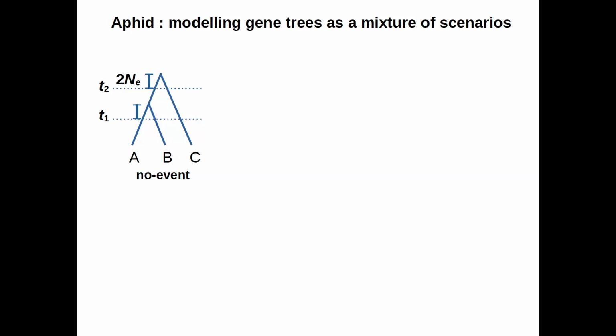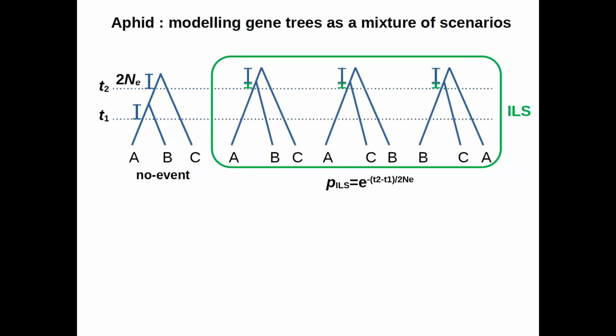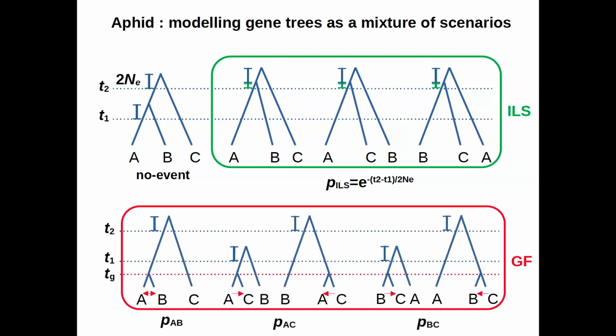Then we have ILS scenarios, next slide, where the coalescences are older than T2, and we can get any of the three topologies with equal probabilities. And we also have gene flow scenarios in the next slide, where again, depending on who the donor and who the recipient is, we can get any of the three topologies, this time with shortened branch length.